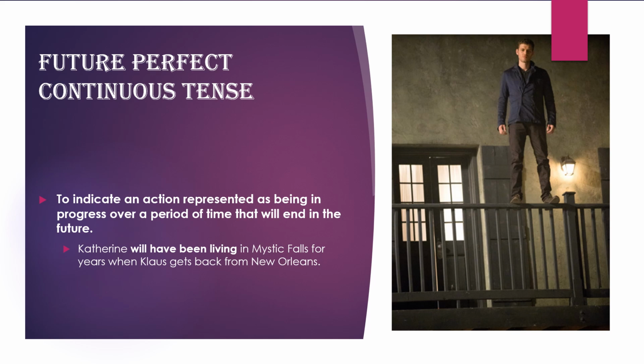Catherine is one of the characters who had not been living in Mystic Falls for a lot of years because of the fear that Klaus will kill her if he finds out that she's there. So she was hiding in a way. So Catherine will have been living means the process started in the past, continued for a period of time, and will be over in the future.